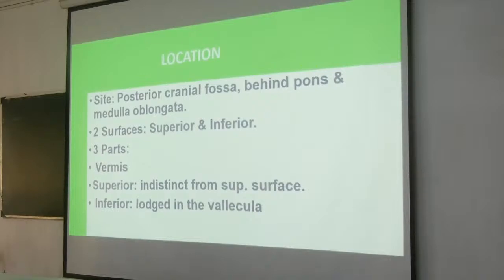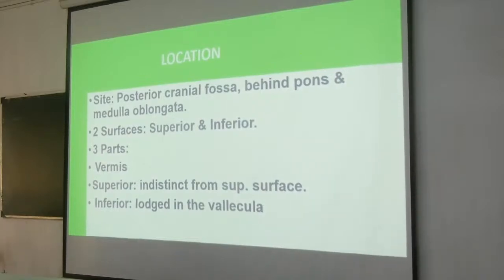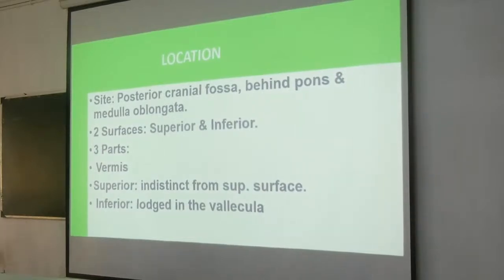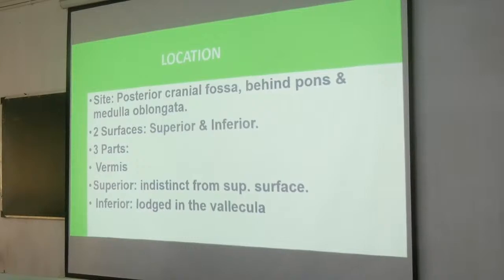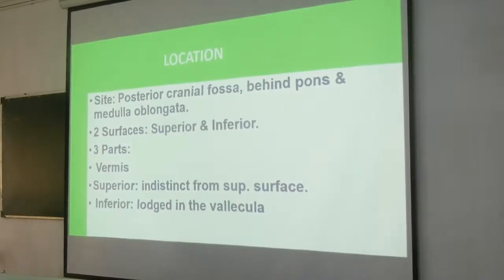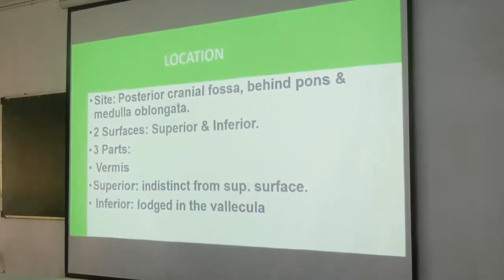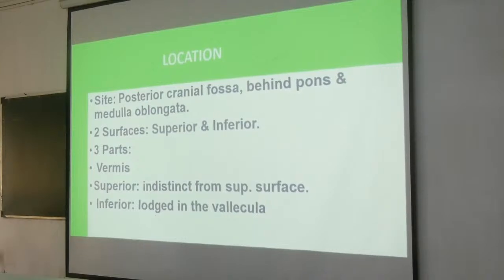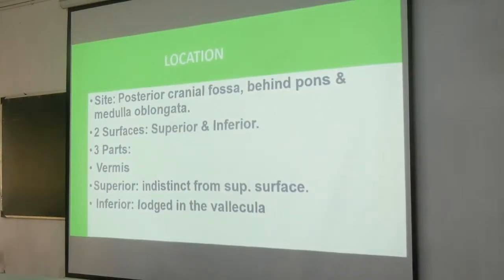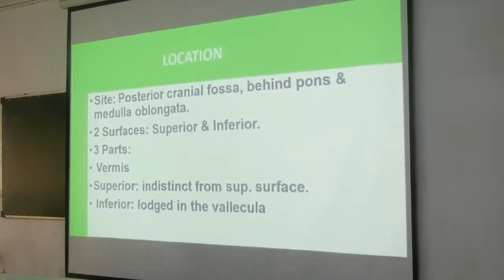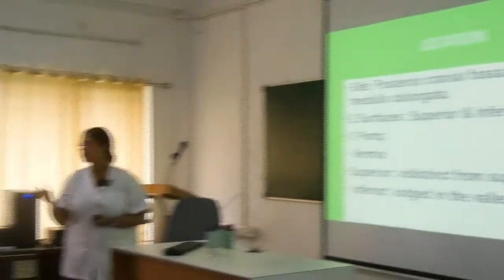Superiorly it is indistinct from the superior surface, and the inferior surface is lodged in the vallecula. So which one is the vallecula? Oh, that is the vallecula of the oral cavity; this is a separate vallecula. If you trace the vermis downwards, you will see there is some depression. In the cerebellum, this is known as the vallecula.